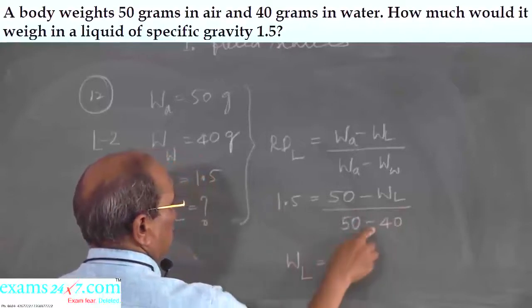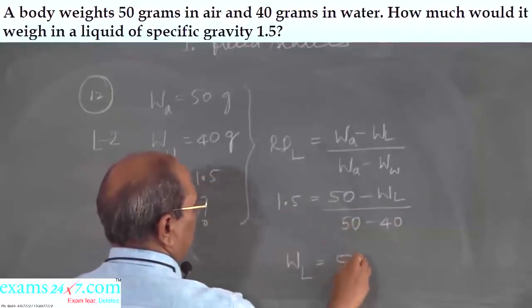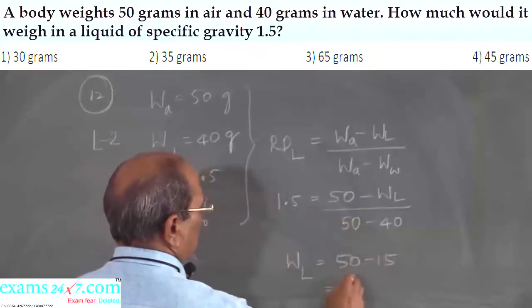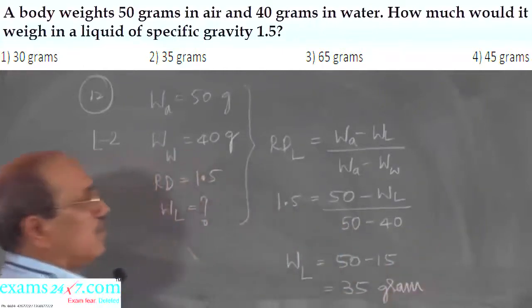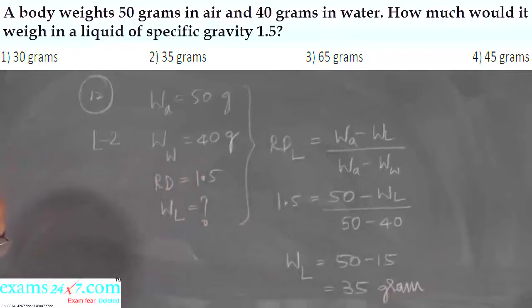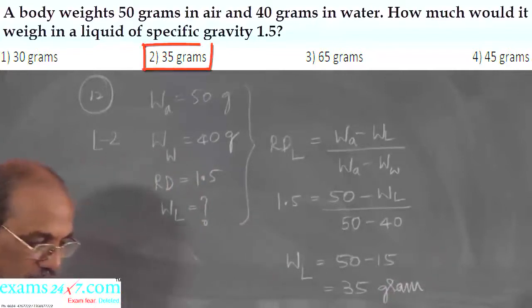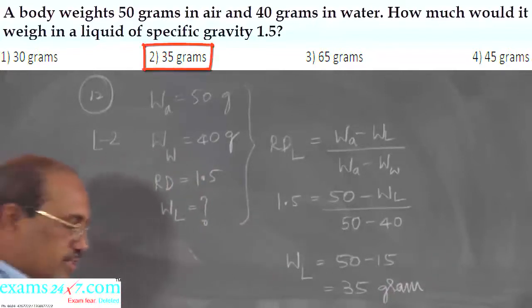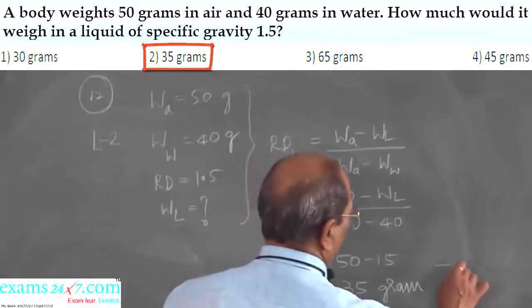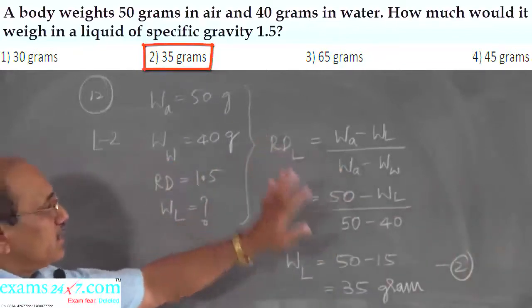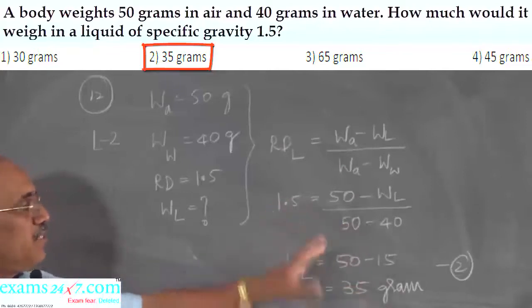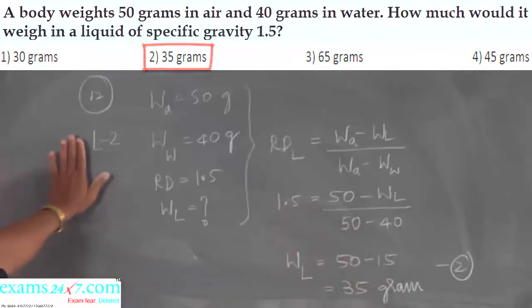Weight in liquid is 10 times 1.5, that is 15. 50 minus 15 equals 35 gram. Direct relation, specific gravity relation. The important relation on which the questions are coming, option number 2. Simple formula with direct substitution. No manipulations are necessary. Therefore, we kept it under level 2.